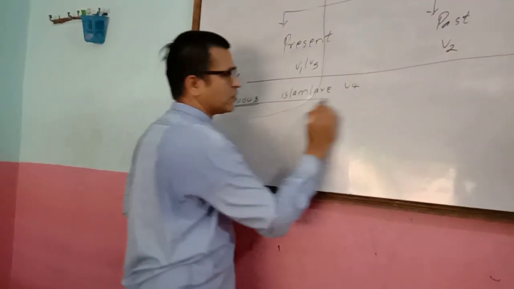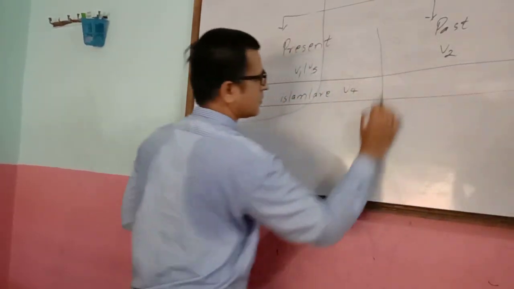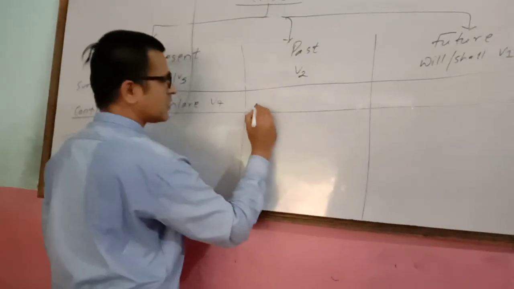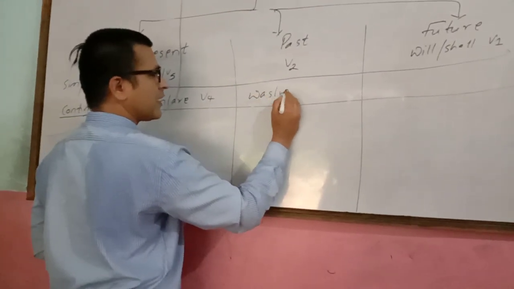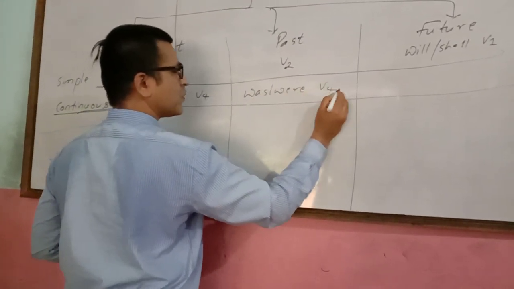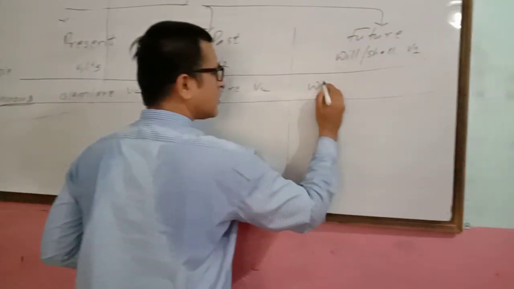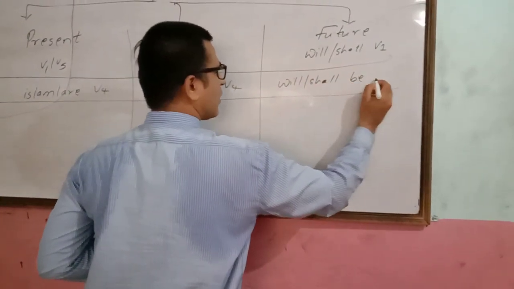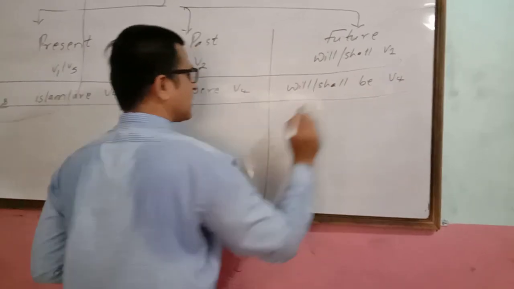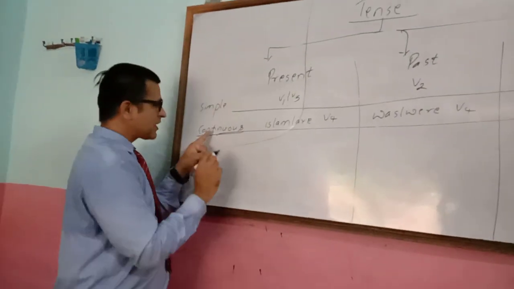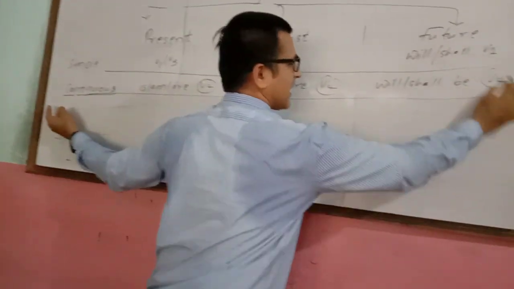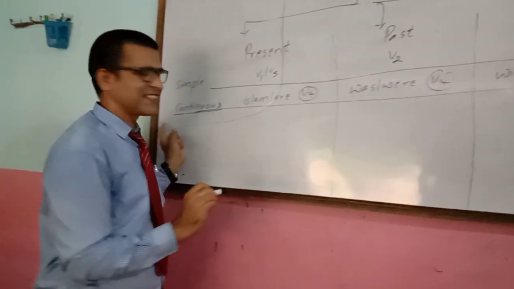Is, am, are V4 for present continuous, and for past continuous we need was, were, before. Future continuous, same modal verbs will, shall, and we take the be form and we write V4. Remember, dear students, if there is continuous, there must be V4. Okay? Look at that. We should not forget it.